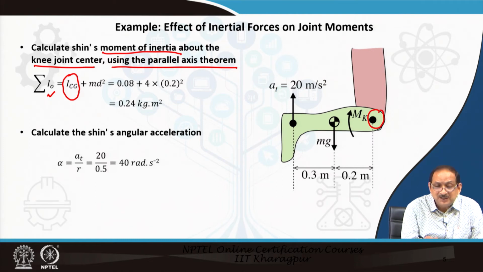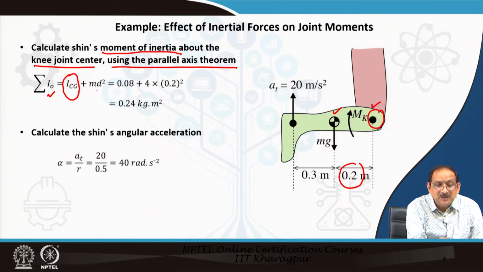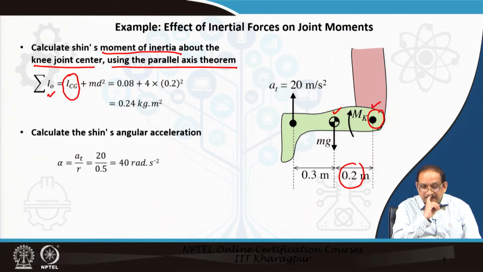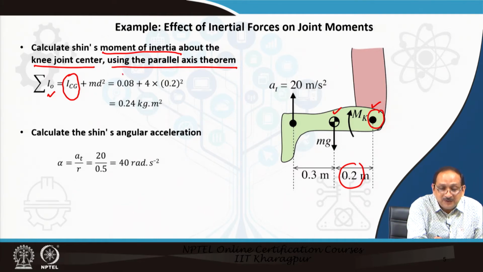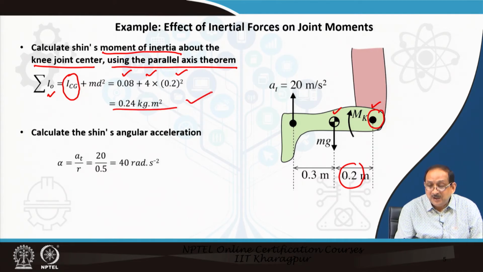Using the parallel axis theorem, we need the distance between these two points, given as 0.2. So we apply the parallel axis theorem, which says I plus m d square. I is given as 0.08 plus m is 4 kg, and then d square, 0.2 square, and we find the moment of inertia about the knee joint center.